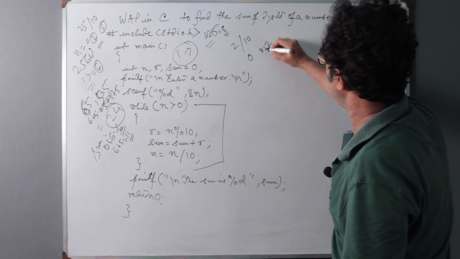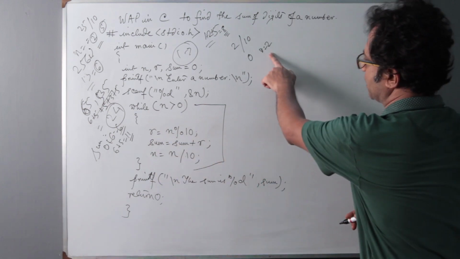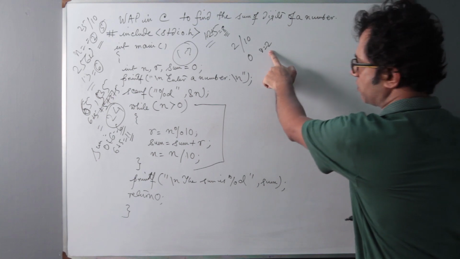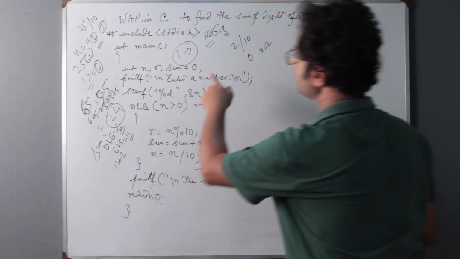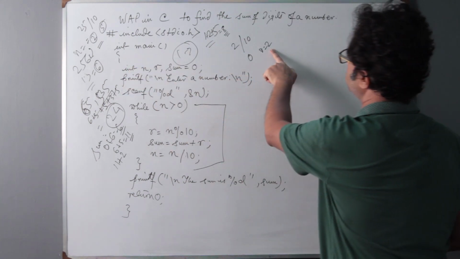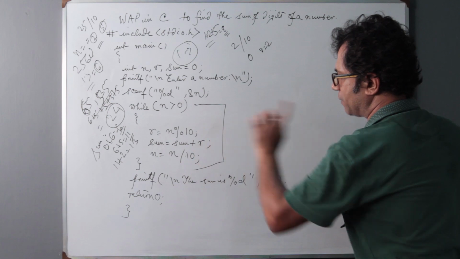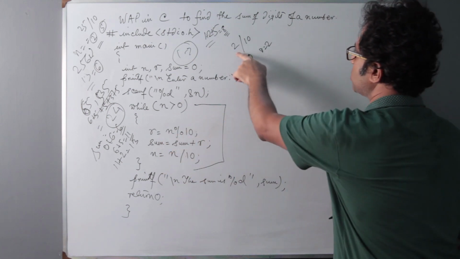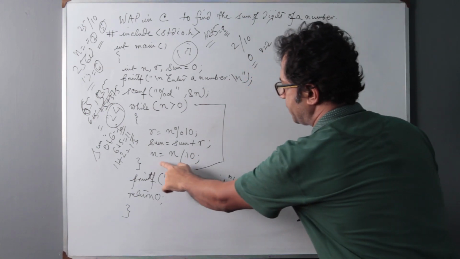So r becomes 2, then sum will be added to this new r value, that is sum is equal to 11 plus 2, that is 13. So sum will become now 13, then n will be updated by the operation 2 slash 10, which will yield a quotient of 0. So n will become now 0.